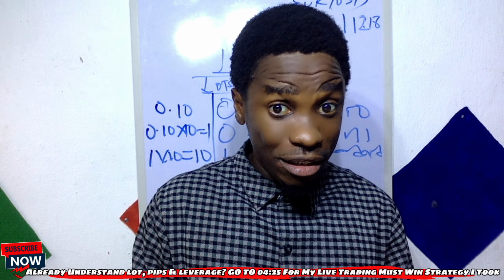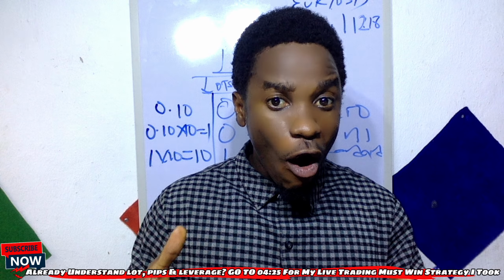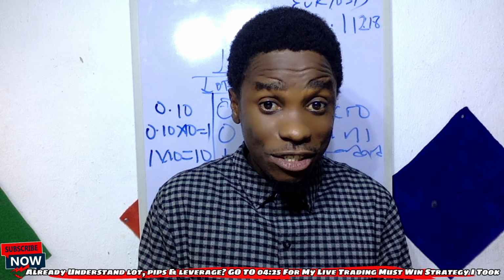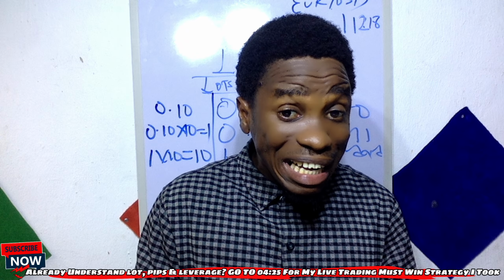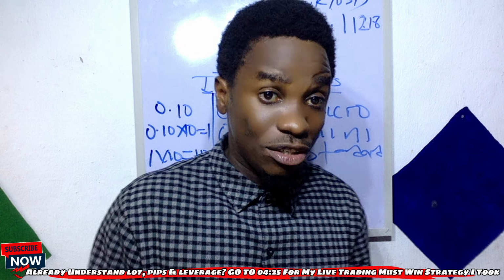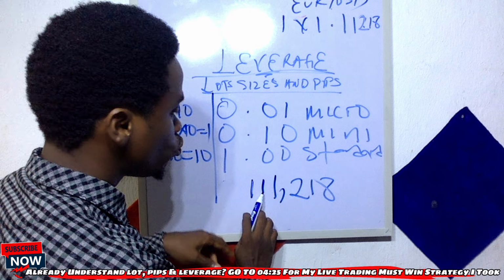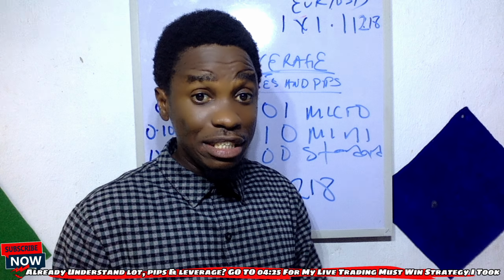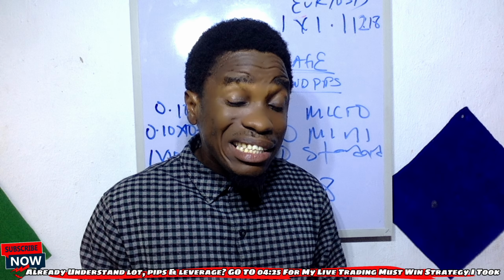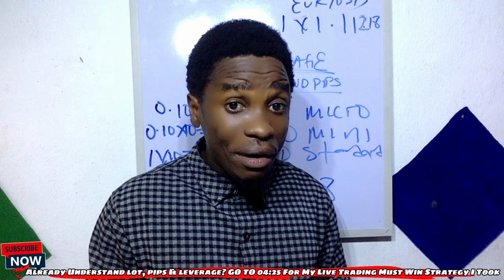What this means in the unit of measurement is, to make this order, for a standard lot size, you will need about 100,000 physical cash of that currency to be able to purchase one standard lot. That's a very huge one. That's about 111,218 of that currency.